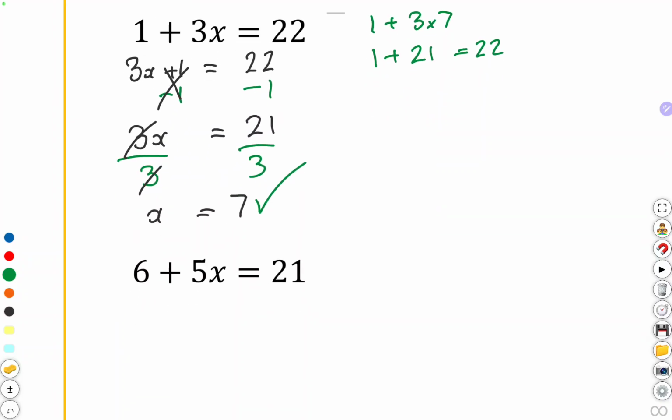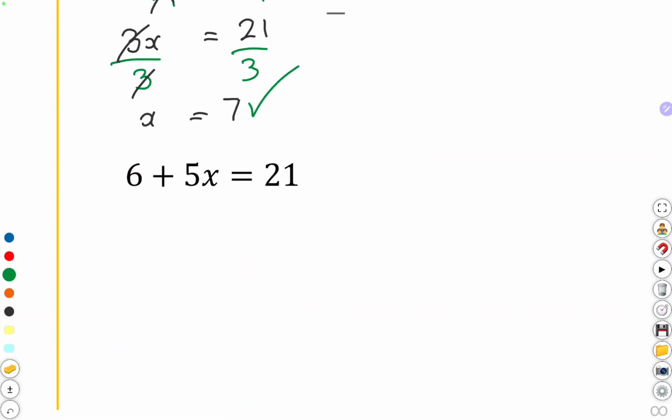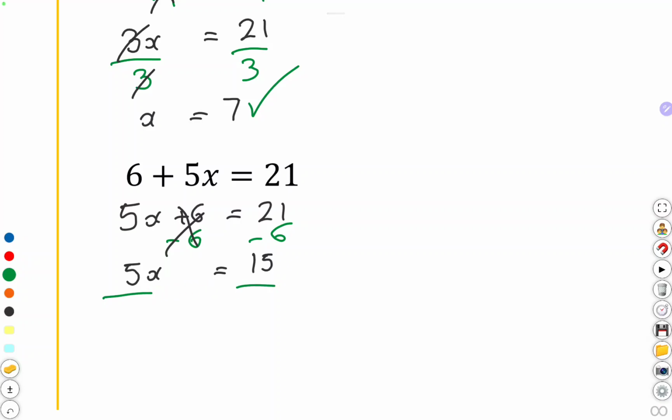It is correct. Next one, we need to write it in a more appropriate manner first. So 5x plus 6 equals 21. Now let's minus 6 from both sides. So now we've got 5x equals 15, and then we can divide each side now by 5.